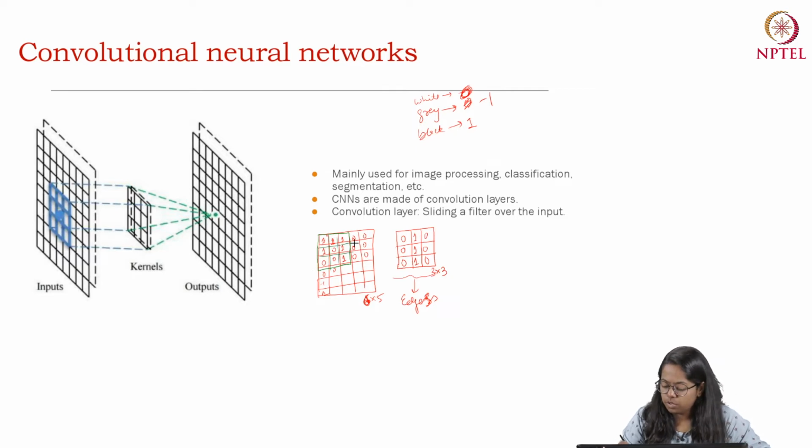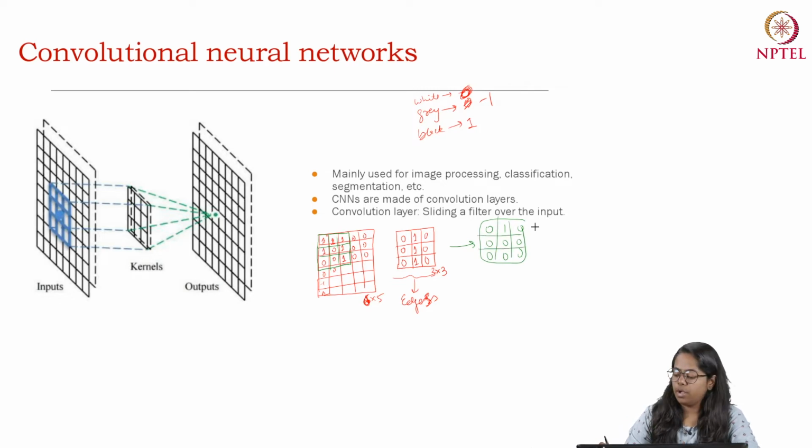So now we do point-wise multiplication. So now we'll have the output as 0, 0, 0, 1, 0, 0 and 0, 0, 0, right? Now based on this output, we'll slide this filter one at a time over here.